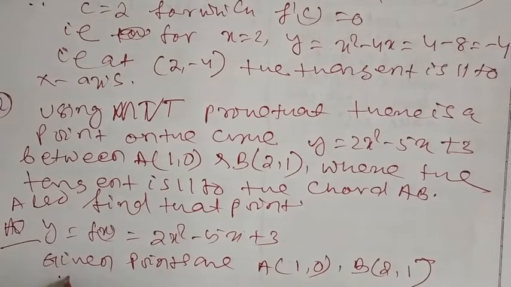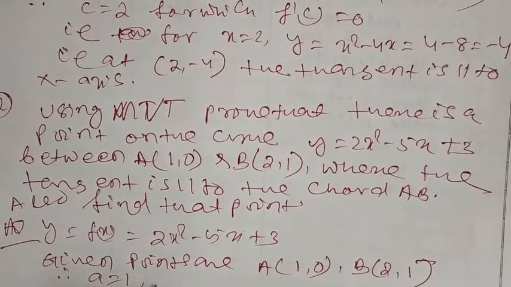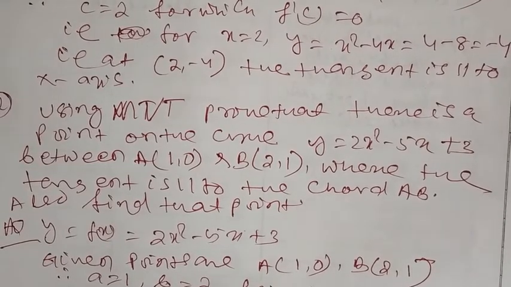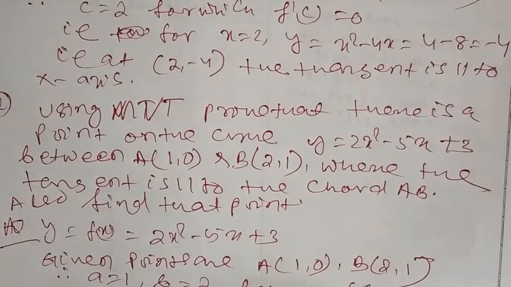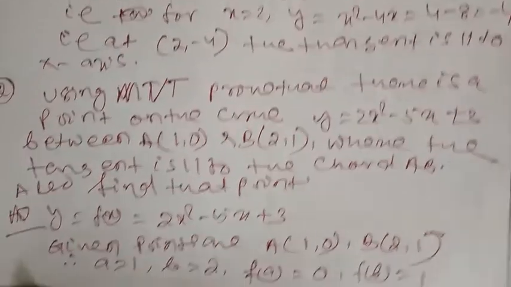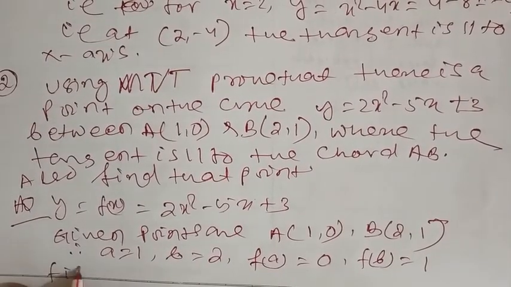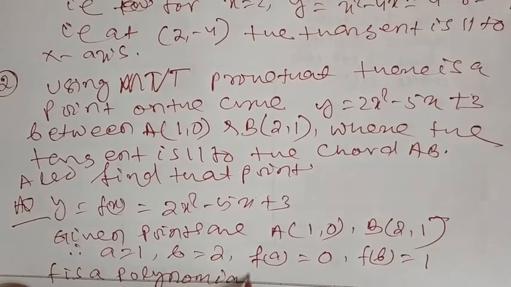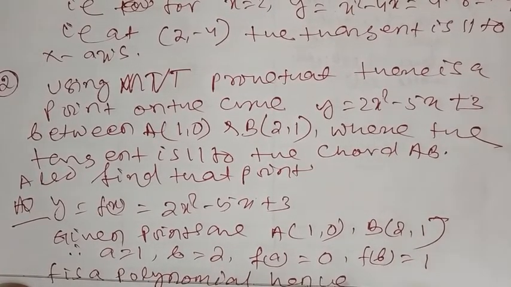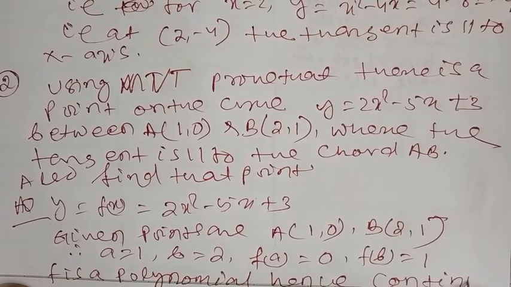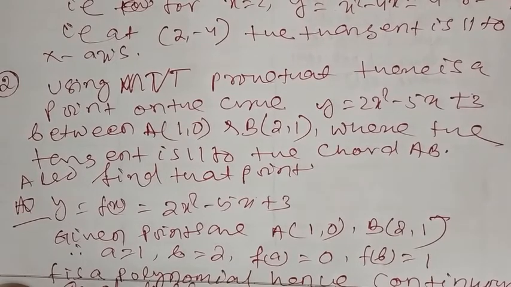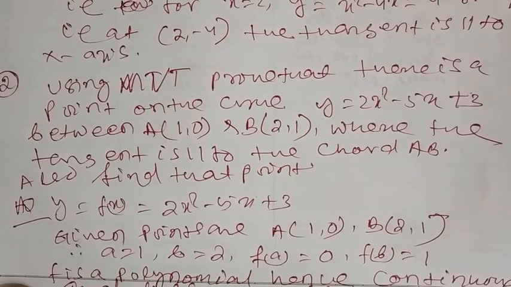Obviously, therefore a is 1, b is 2, f(a) is 0 and f(b) is 1. Now, f is a polynomial. Hence, continuous and differentiable everywhere.